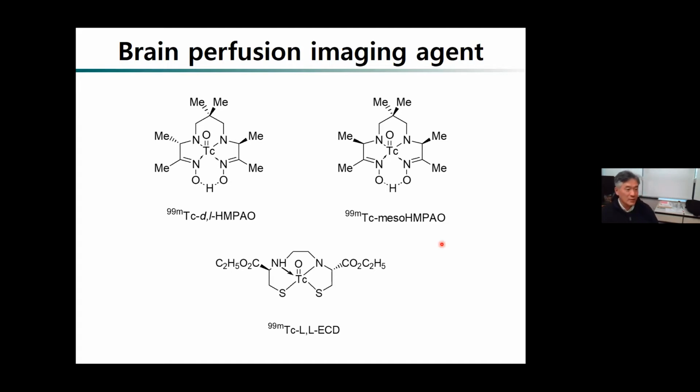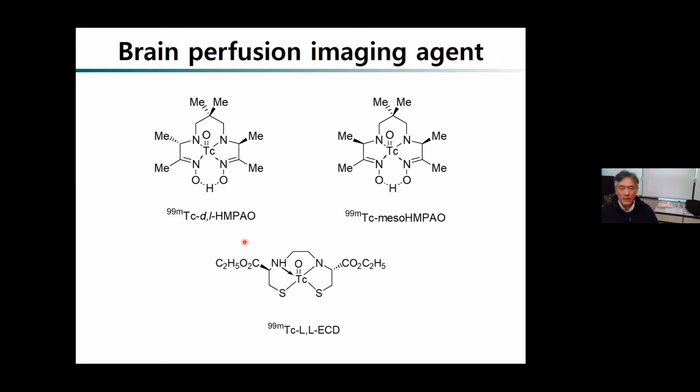Another radiopharmaceutical is technetium HMPAO or ECD as a brain perfusion imaging agent. As you know, if a brain vessel was ruptured or blocked, you can see the lower uptake in the brain with the injection of technetium HMPAO or ECD.